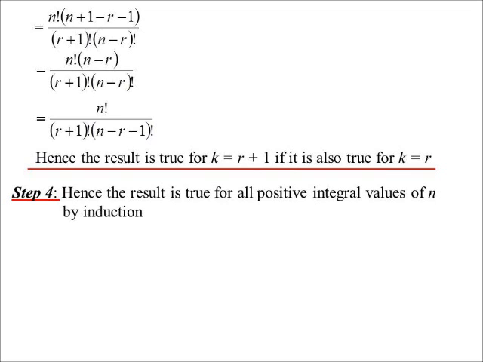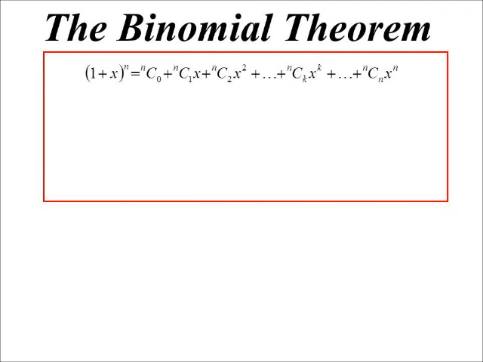Well, let's get on to what the binomial theorem actually is. The binomial theorem is really just for (1 plus x) to the power of n. And so you get nC0, nC1 x, and so as we saw, powers of x are going up by 1, and we have our binomial coefficients. Of course, that's very limited in its use.